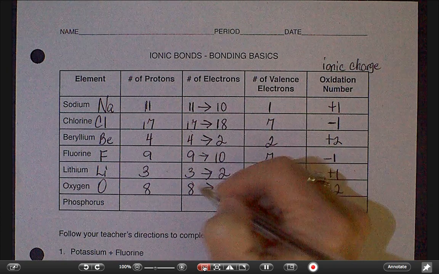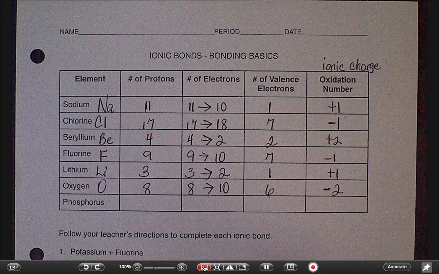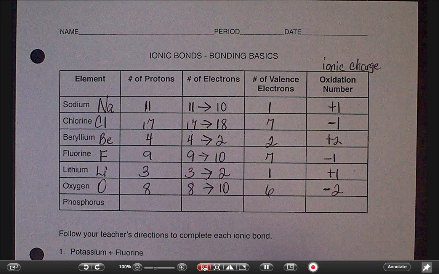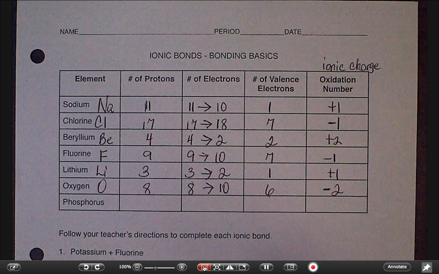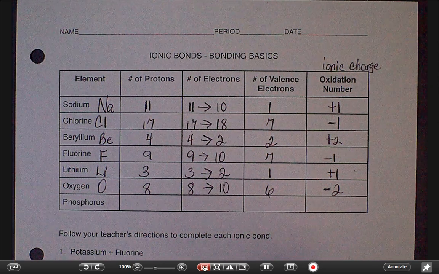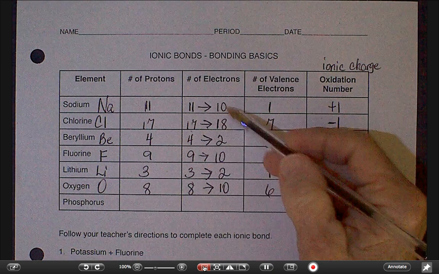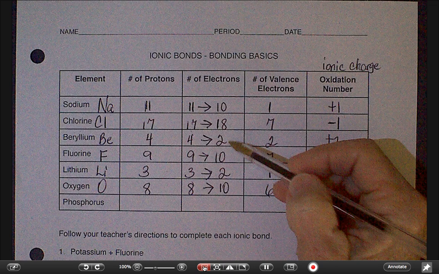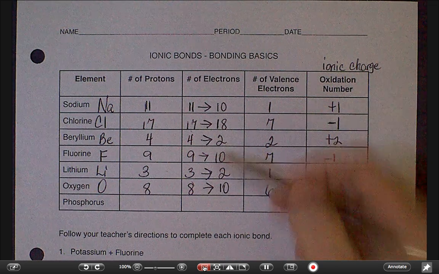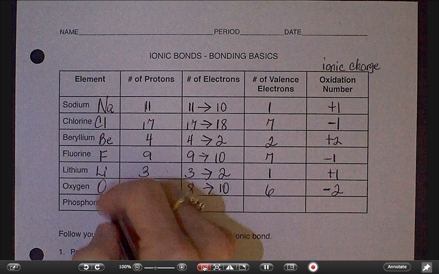Okay, so 8 goes to what? 10. Who is 10? Neon. Noble gas. Who's 18? See these numbers? Every one of them are noble gases. Who's 2? Interesting.